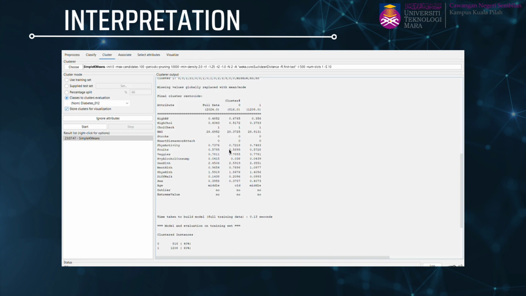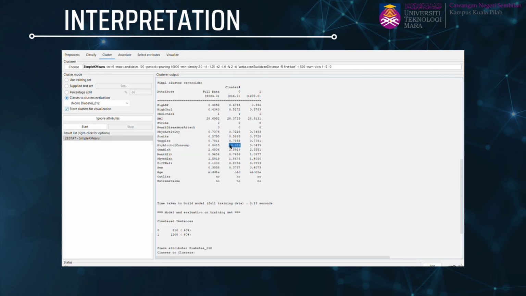They do eat fruits and vegetables, however, but that does not help with their diabetes, as it helps generally in their health. They do not consume heavy alcohol, and general health is above the full data, which means that they have a good general health but bad mental health, but good physical health and have difficulty walking.